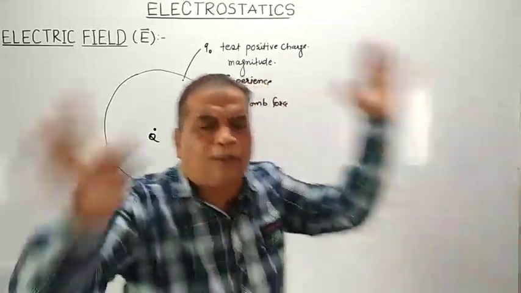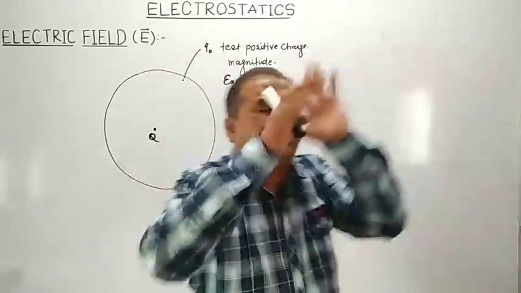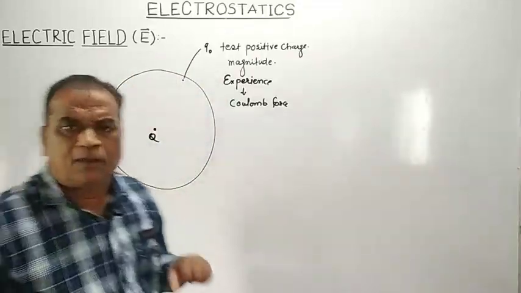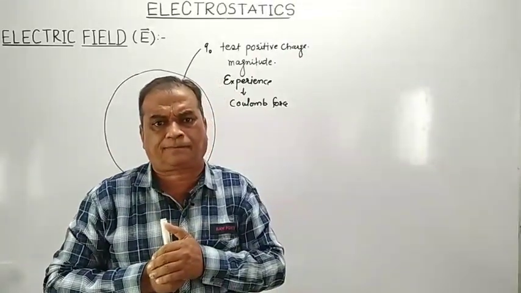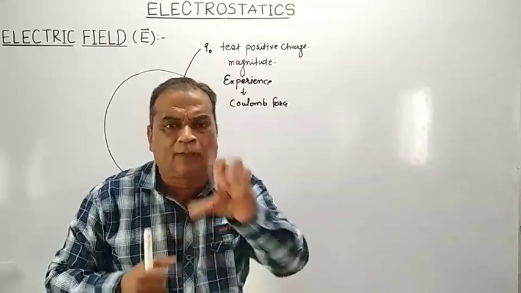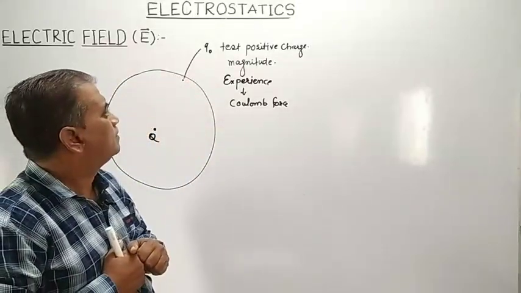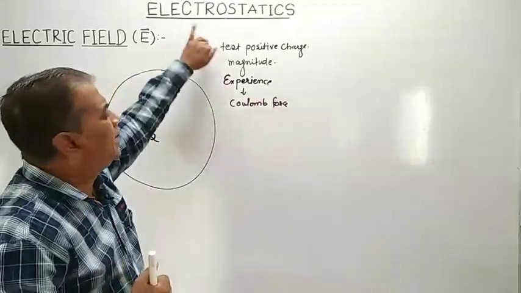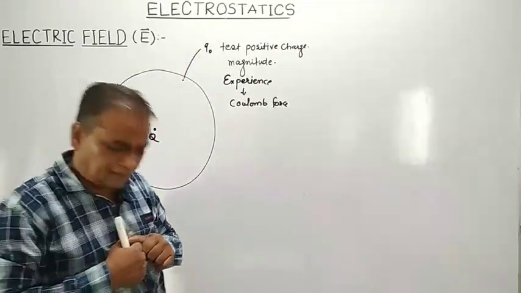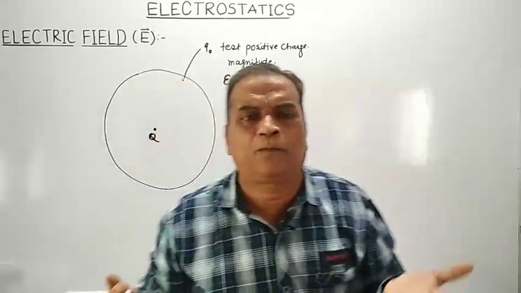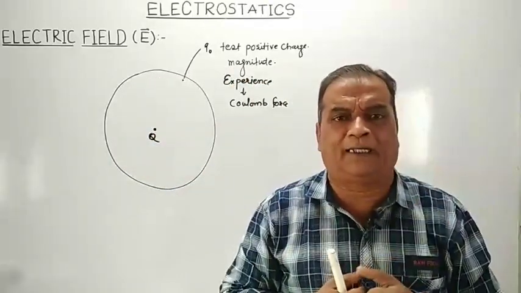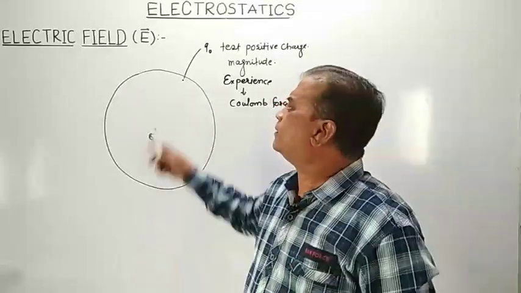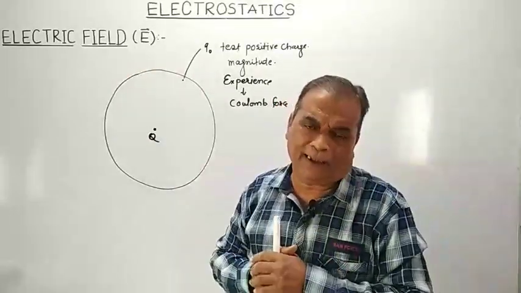So a region around the given charge, in which a Coulomb force is experienced by another charge, that region is called what? An electric field.